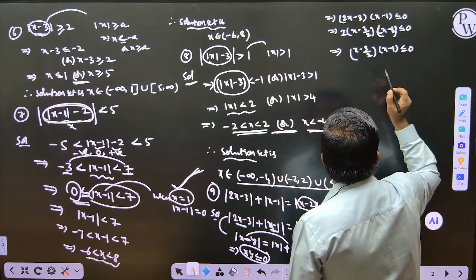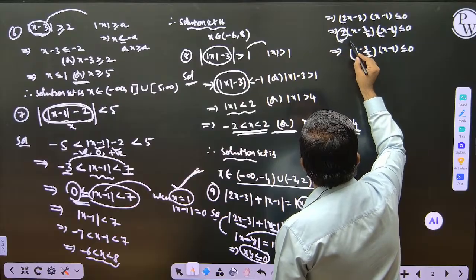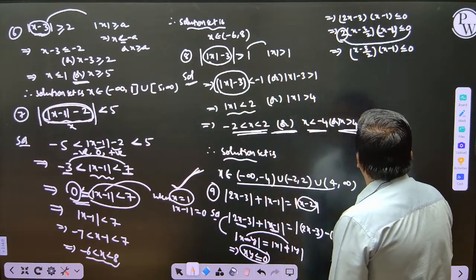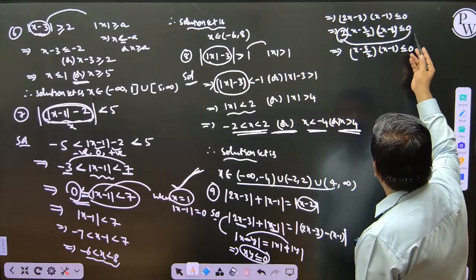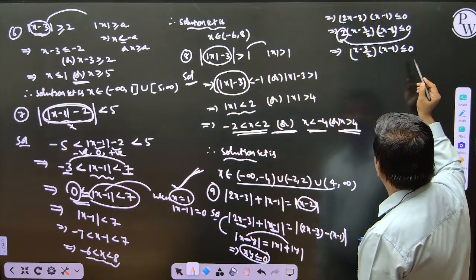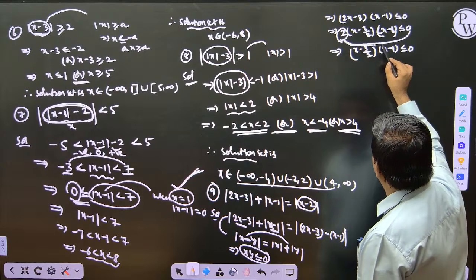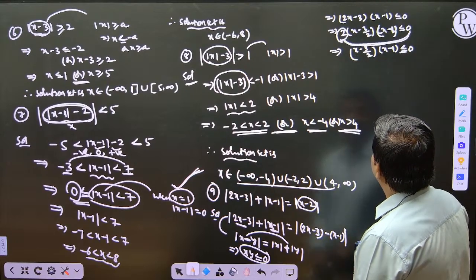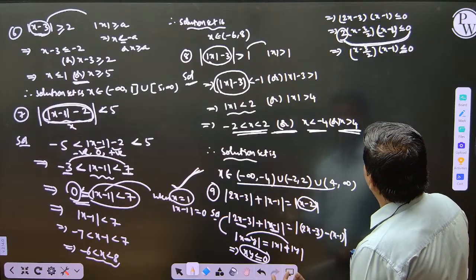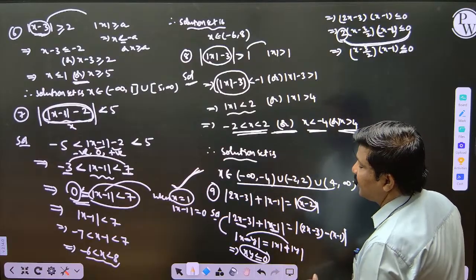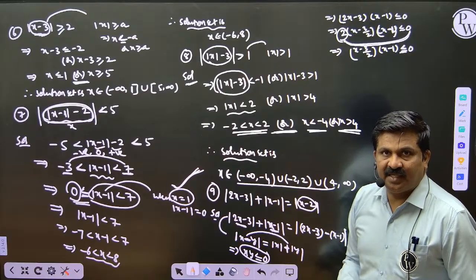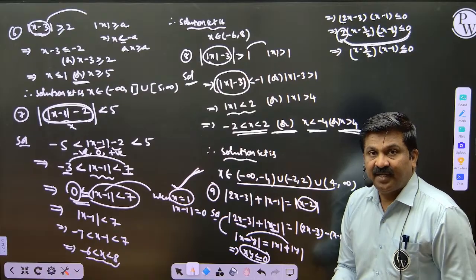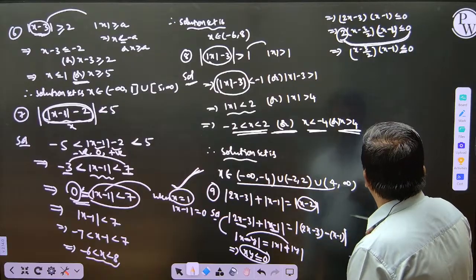I took 2 common, and I have written it this way because the 2, which is a positive value, is shifted to the other side. 0 by 2 becomes 0. Because a positive value is shifted to the other side, the inequality is not changed. If a negative value is shifted to the other side, the inequality will certainly change.